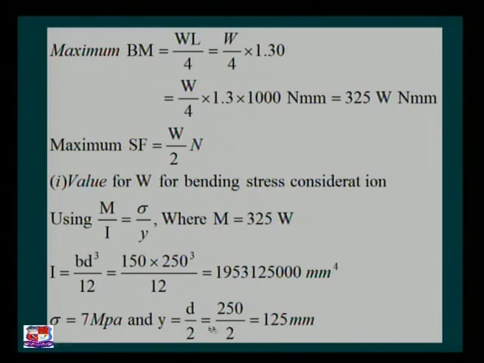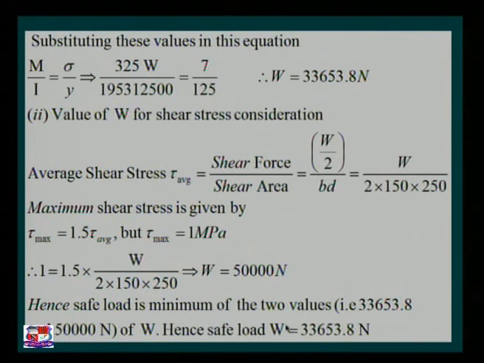Y is equal to D by 2, that is 250 by 2, that is 125 mm. Substituting these values in this equation, M is 325 W, I is 1953125, equal to 7 divided by 125, and simplifying this we achieve W is equal to 33,653.8 Newton, that is 33.65 kilonewton, that is the point load.